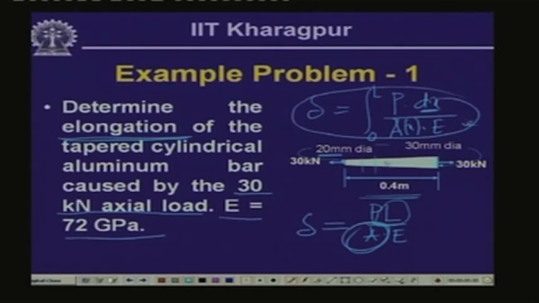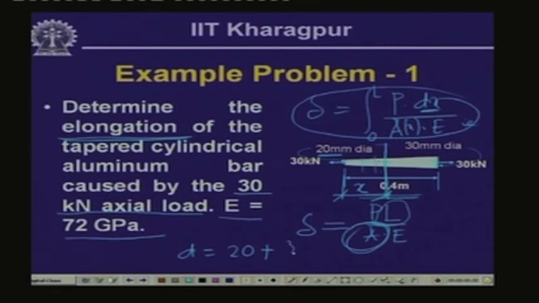Now, if we take a section which is at a distance of x from the left end, then the diameter at this particular section D equals 20 plus the difference 30 minus 20 times the ratio of x to 400.